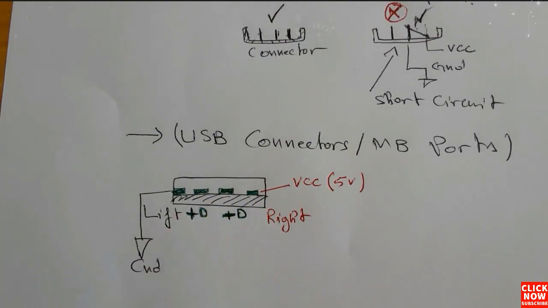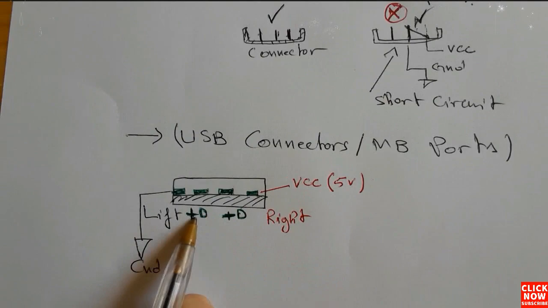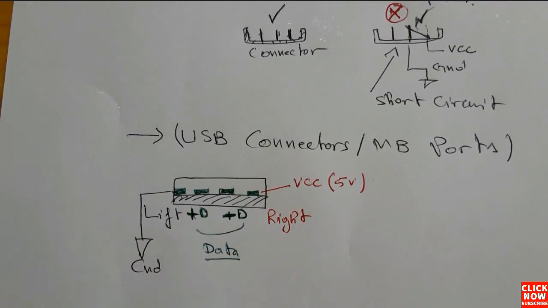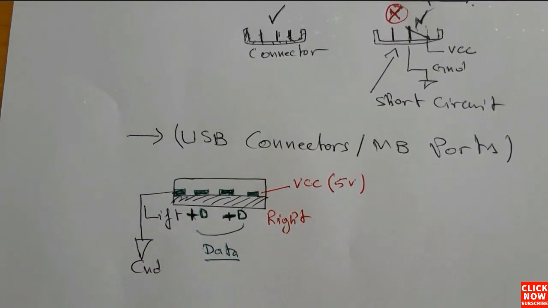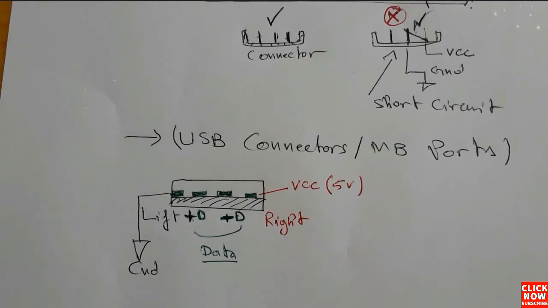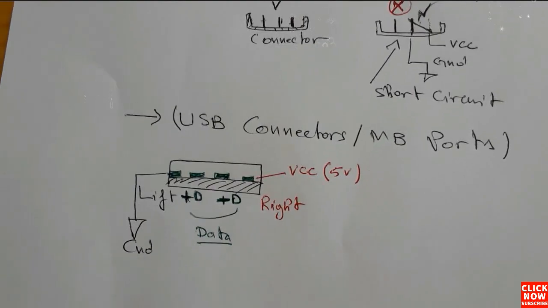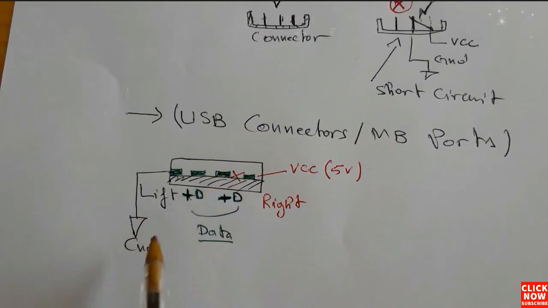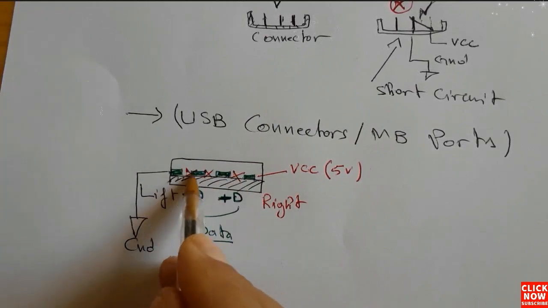The pin next to the VCC is -D, and the pin next to the ground is +D. These 2 pins are for data. If you want to transfer, for example, files between a USB and the motherboard, these 2 pins are responsible for transferring information. Okay?